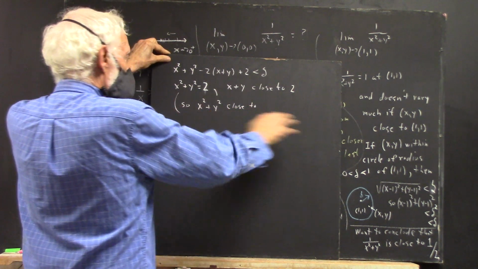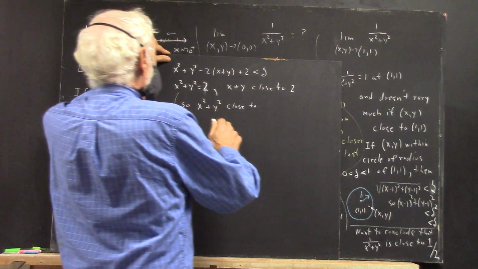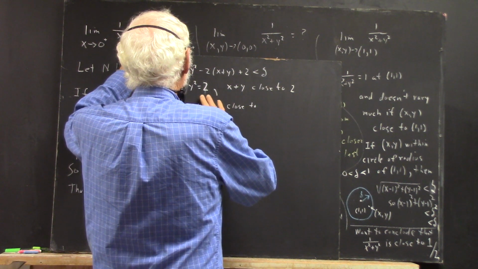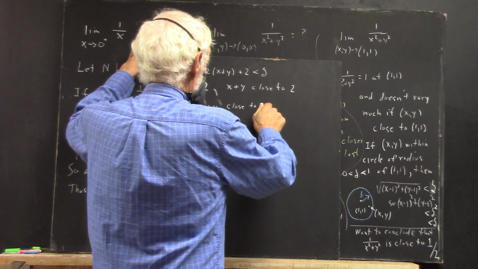Put this in parentheses, just kind of intuitive playing around with it to see what to do. X squared plus y squared is close to 2. X plus y is close to 2.